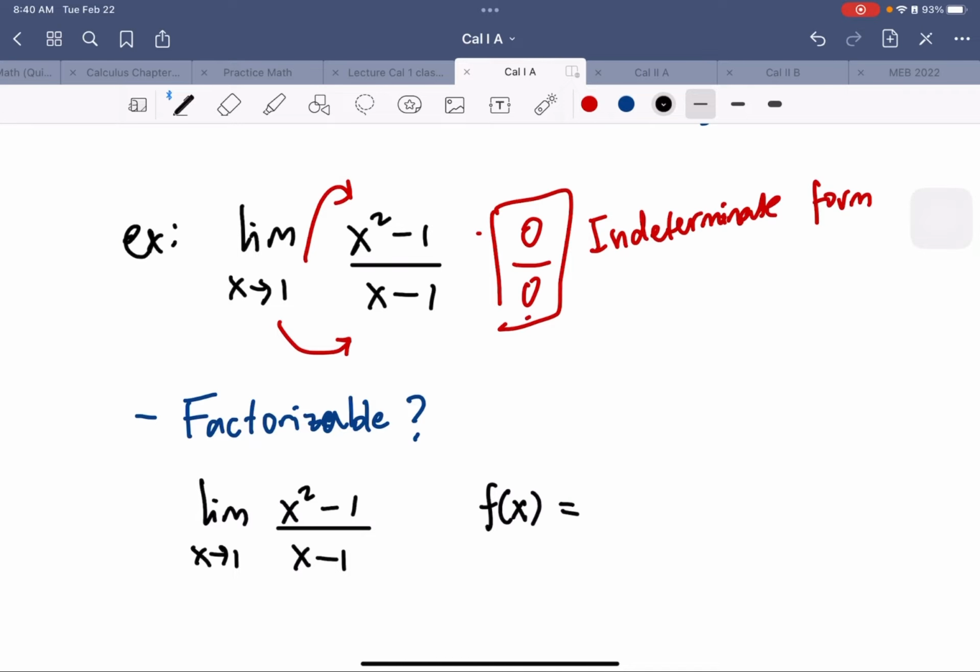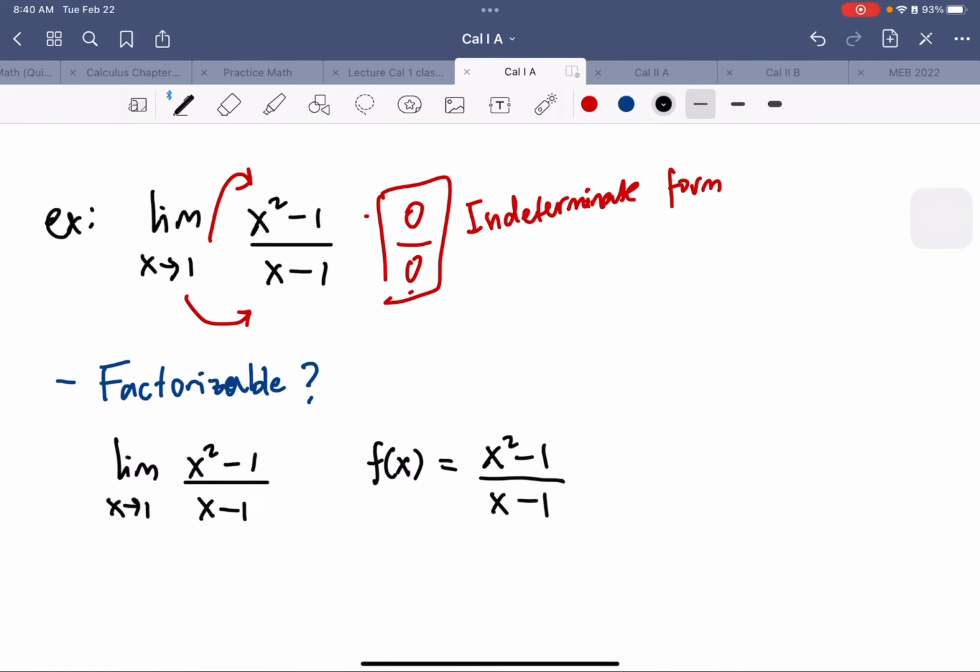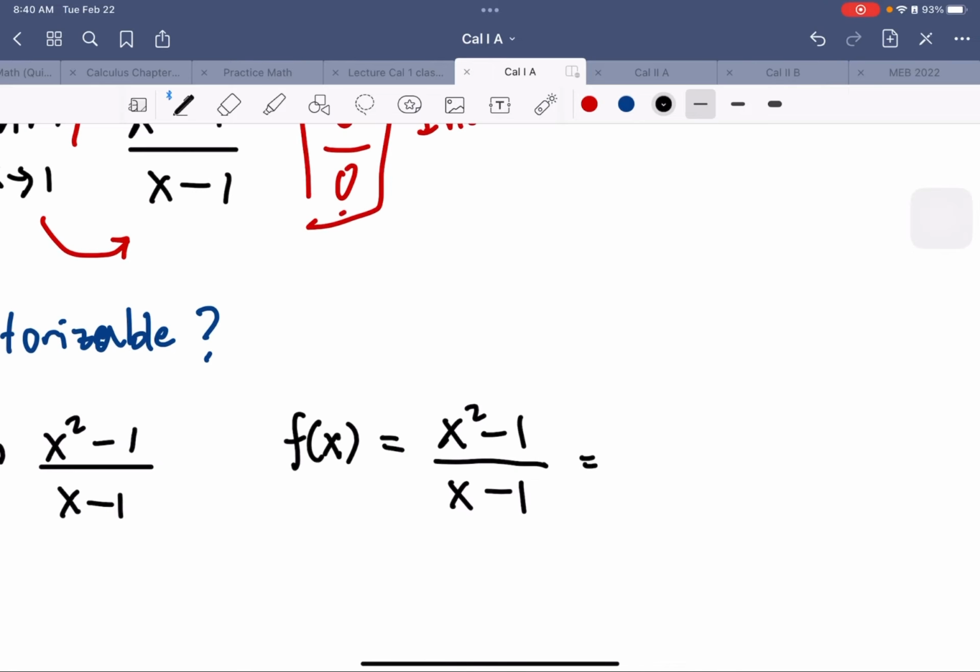So let f of x be this, and we can simply factorize this x squared minus 1, and we have x minus 1.